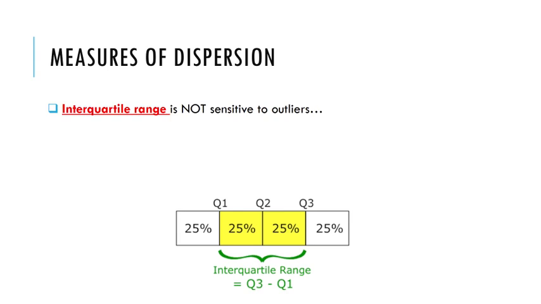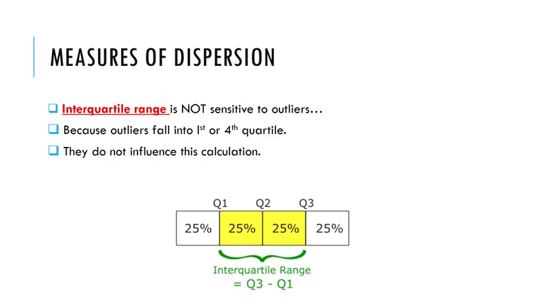The interquartile range is not sensitive to outliers. So we've spent different lectures talking about, okay, is this going to be influenced by outliers? Yes or no? Well, the interquartile range is not sensitive to outliers. Think about it. If you have an outlier, it's going to be in either that first or that fourth quartile, right? They're going to be in those two end 25% boxes.